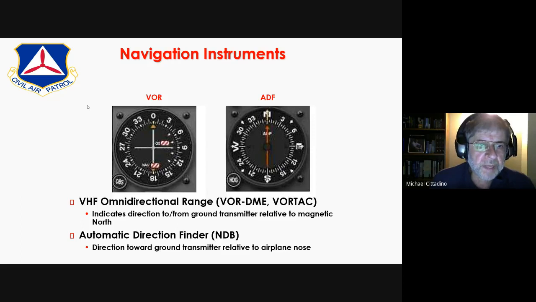VOR works by sending out a 360-degree radio signal that, with the VOR receiver, allows the pilot to dial in the receiver so it will give him the specific magnetic direction he needs to fly in order to reach the VOR transmitter. And VORs are located throughout the country. Many of them are located around airports. And while they're an older form of navigation, you can fly cross country by going from VOR to VOR.